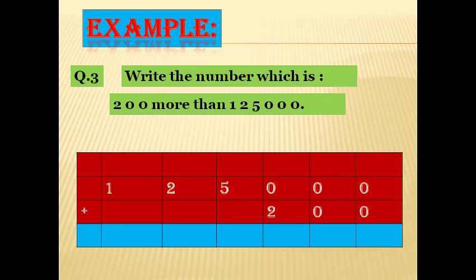So our biggest number is 125,000 and the smaller number is 200. Starting with the ones column, 0 plus 0 is equal to 0. 0 plus 0 is equal to 0. 0 plus 2 is equal to 2. 5 plus no value is equal to 5. 2 plus no value is equal to 2. 1 plus no value is equal to 1.